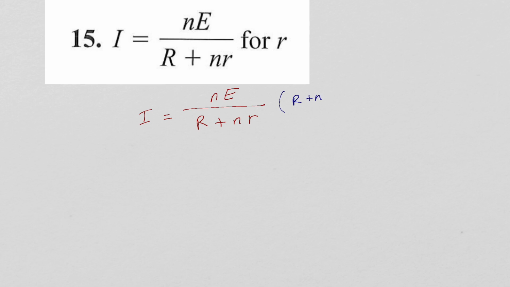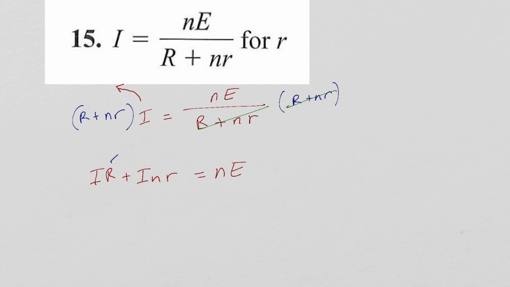So I'll multiply it here, and I'll multiply it here. And then here they cancel, so I'm left with NE is equal to, and then I'm going to distribute this I through, and I'll get IR plus INR, like that.